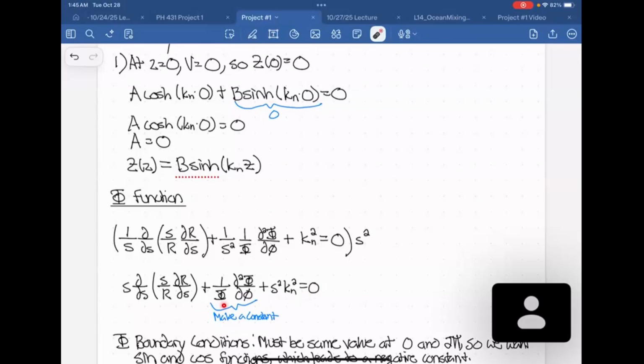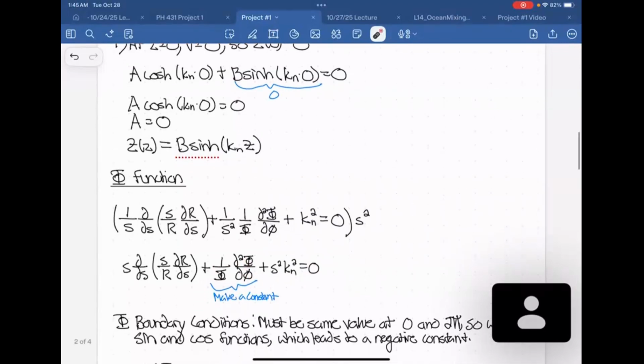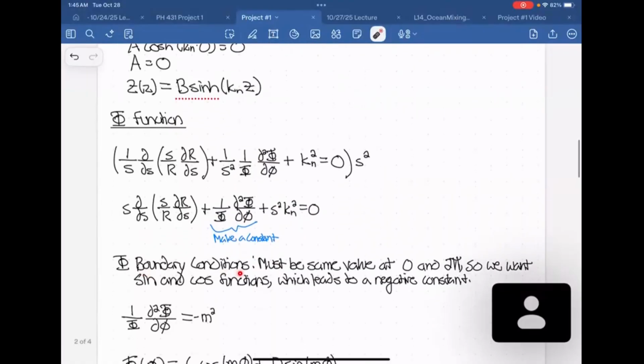Now we're going to try to make this piece a constant. We're going to follow the same procedure as before. We're going to look at boundary conditions, and then go from there.